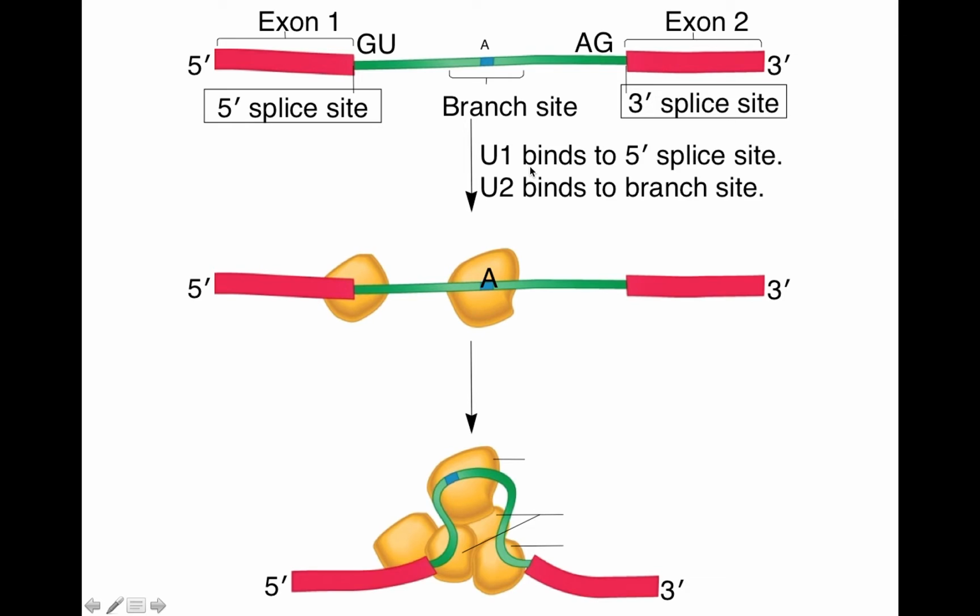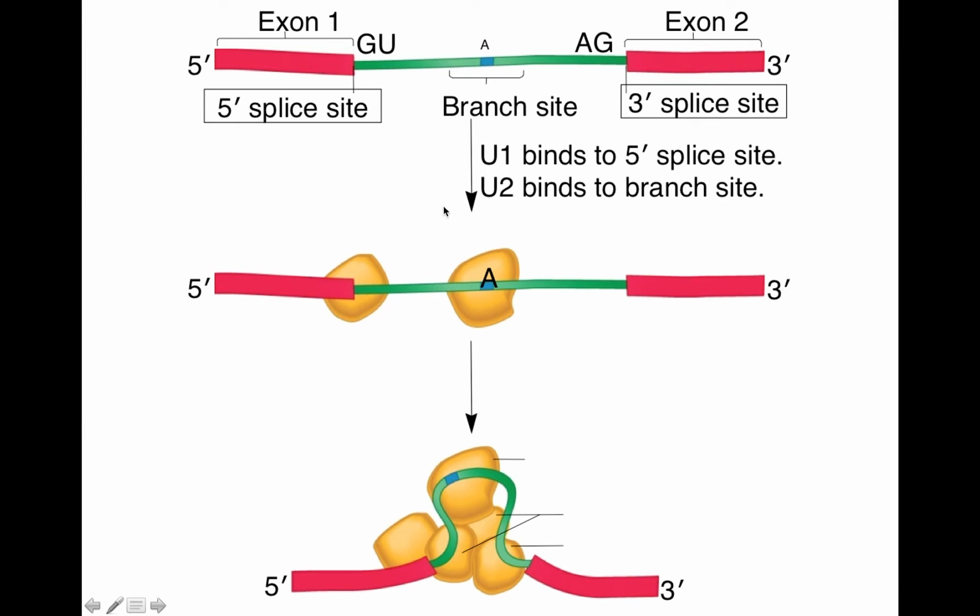What happens when an intron is going to be removed from a messenger RNA is that a small ribonucleoprotein particle called U1 binds to the 5' splice site, and another small ribonucleoprotein particle binds to the branch site right here.